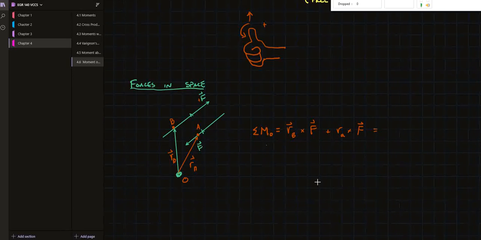Well, this equals RB minus RA cross F, which is this vector, and we can just call that R. I think I am going to leave this minus in here, because it makes a little more sense.